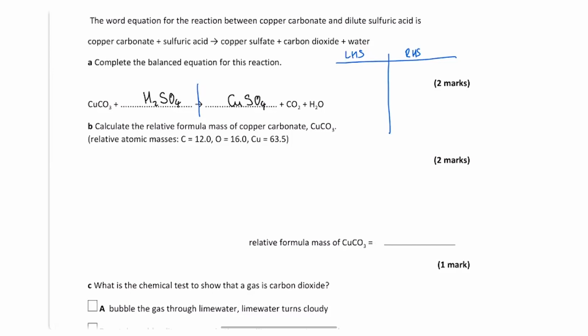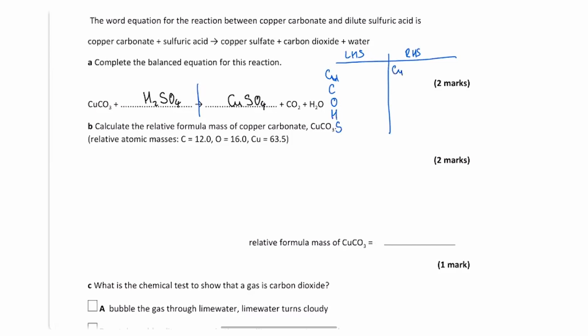I'm going to go from left to right on the left-hand side of the equation first. So we've got copper, carbon, oxygen, hydrogen, and sulfur. Now I'm going to do the same for the right-hand side, and even though the elements are in a different order on the right-hand side, I'm going to keep them in the same order as the left-hand side, just to make it a lot clearer.